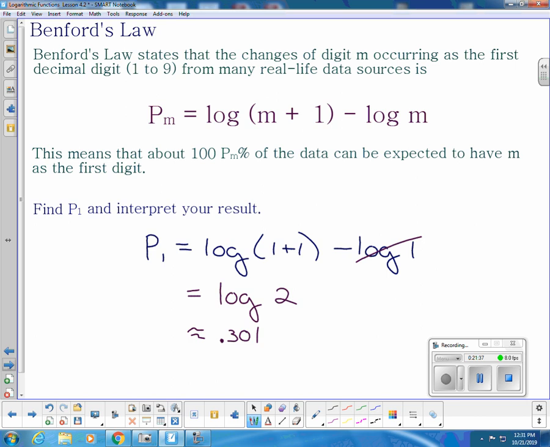So 30% of the numbers in a list of data that's generated should be a 1. So you can try it with a 2. So I put a 2 in there. So we're taking the log of 3 minus the log of 2. I get 17.6% of the data should start with a 2, and so on.